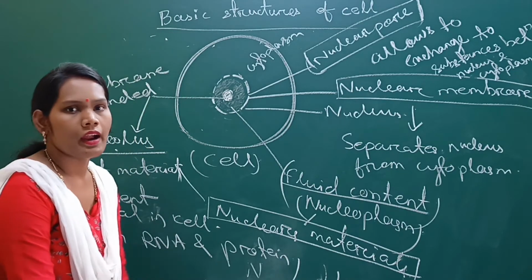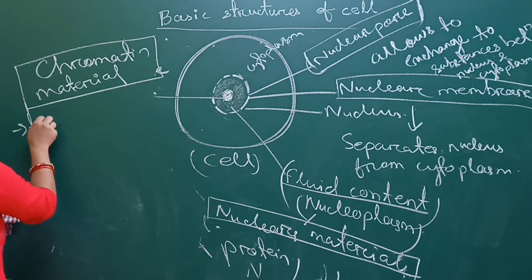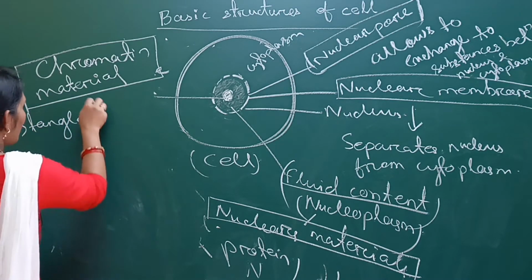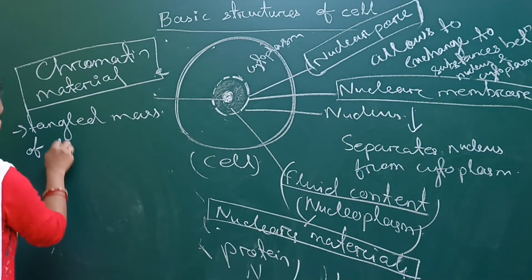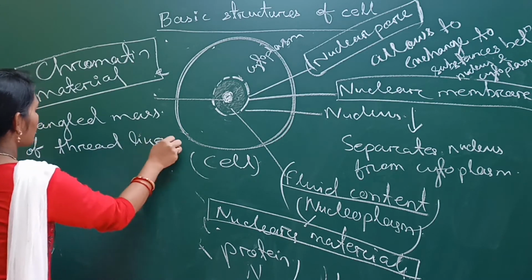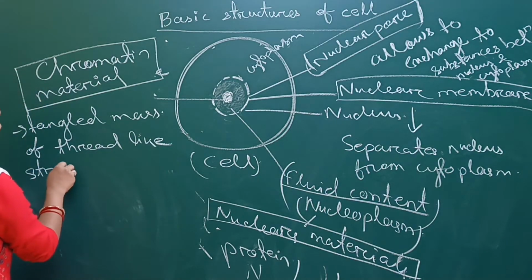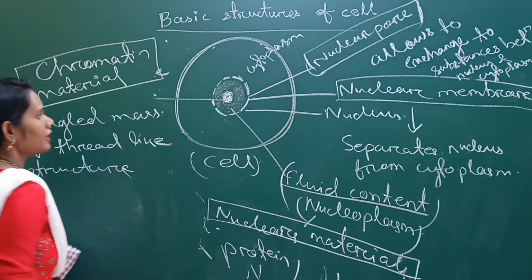So within the nucleus there is a tangled mass of thread-like structures present. That structure is called chromatin material.